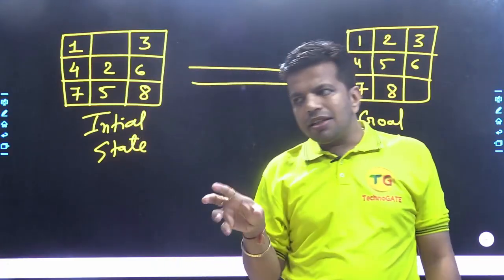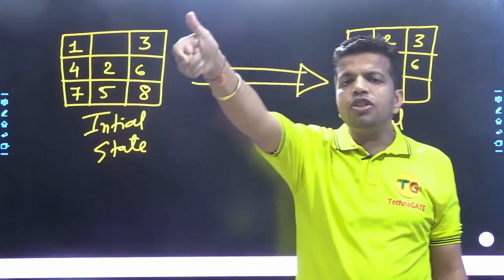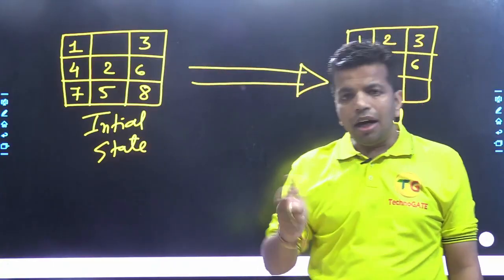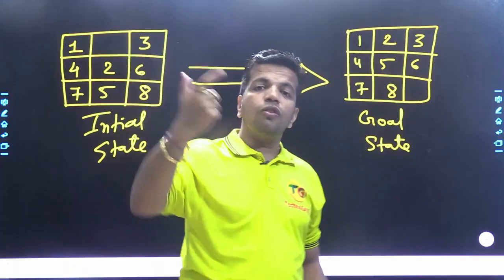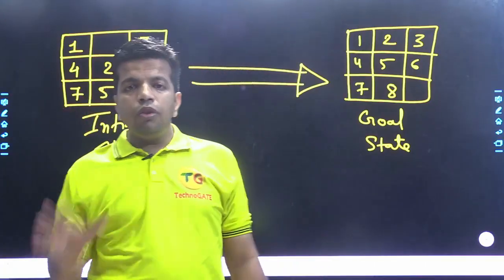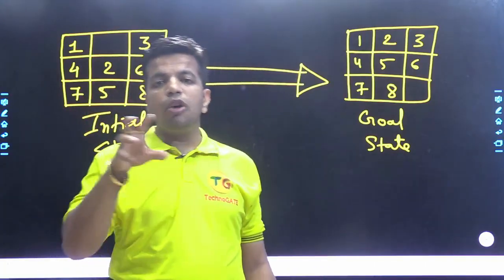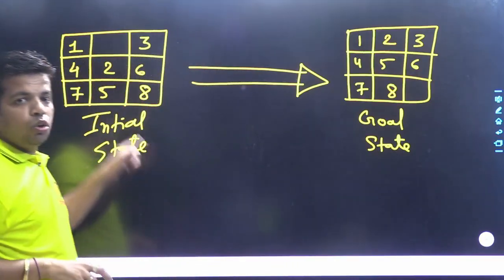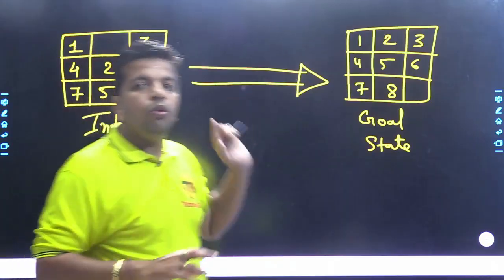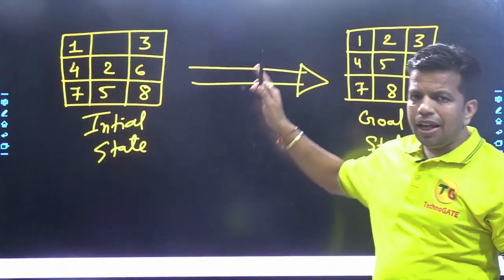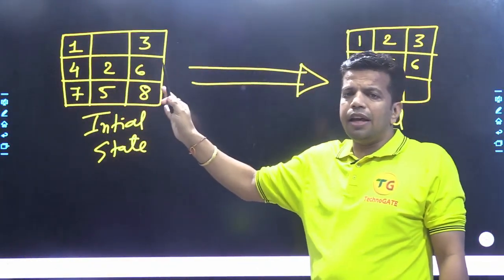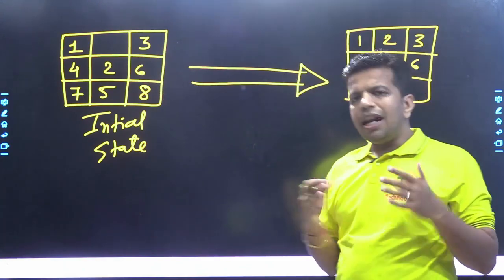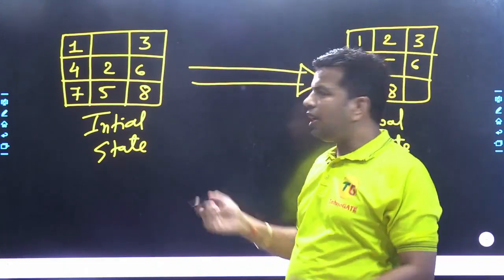Out of them, one state may reach your final goal earlier, some state may reach your final goal later. We need to find out the minimum number of moves, or the minimum number of states that we need to change to reach from initial to final. Okay, so in this particular current scenario, there are 3 different moves that we can perform.